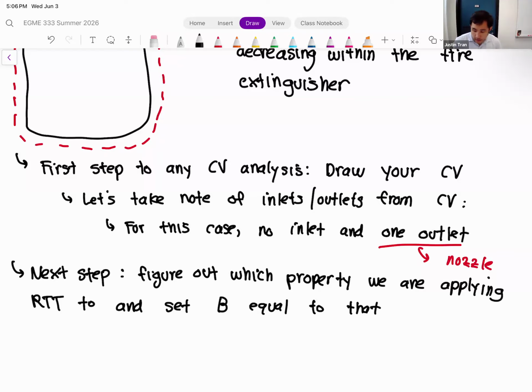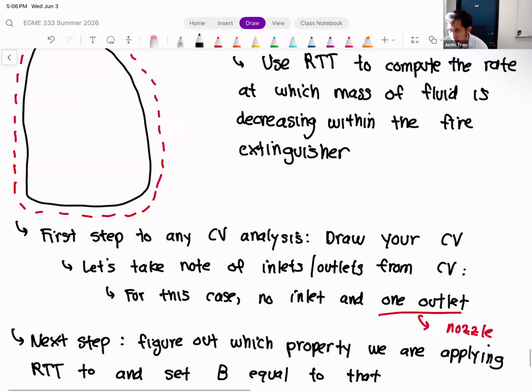Usually you have to go back to the problem statement, although for the most part, these are fairly obvious.